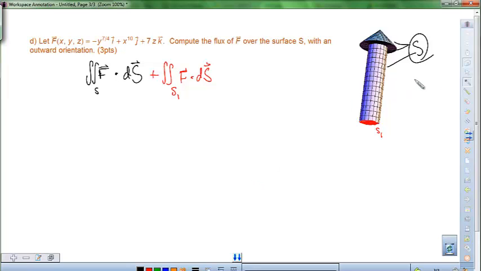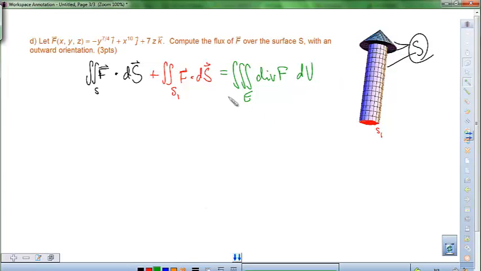then we now have a closed surface, and according to Gauss's theorem, this can be replaced with a triple integral over E, where E is the solid that's enclosed by these surfaces, of the div of f dV.